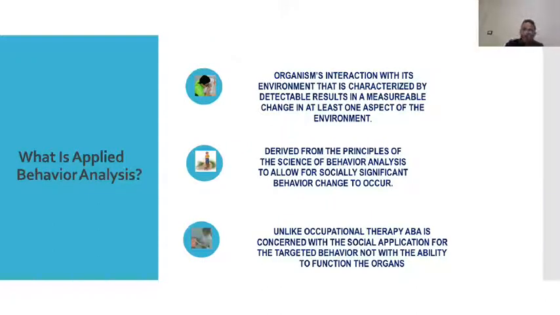Number 3, which is very important as well, the differences between occupational therapy and ABA. ABA is concerned with the social application for the targeted behavior, not with the ability to function the organs. We do not care about, for example, if the kid or the case could identify a shape of being circle, this is occupational therapy.